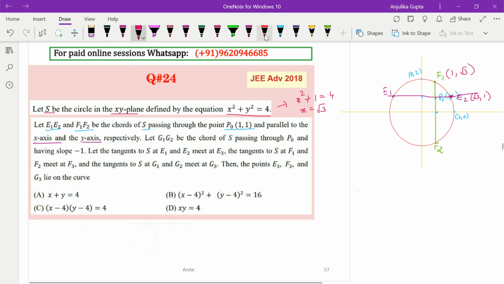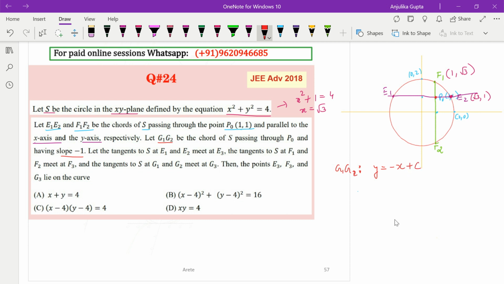Let's go further because they are not yet done with the chords. G1, G2 is a chord of S passing through P naught and having slope negative 1. Okay, so there is another chord which is passing through the same point P naught, but the slope is negative 1. Okay, so if we are not sure how the chord is going to look, let's write the equation of G1, G2. Since the slope is given to us, we can write the slope form. Right?